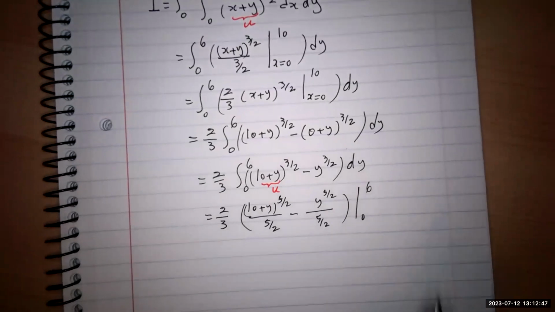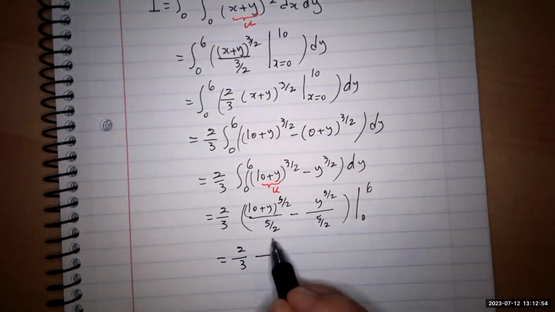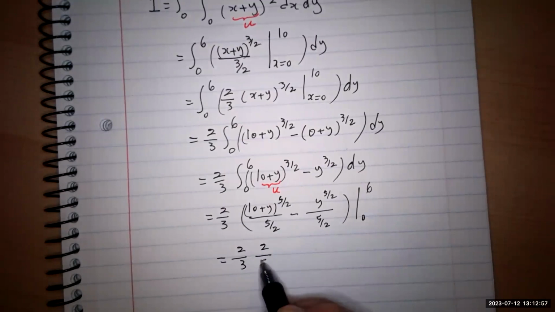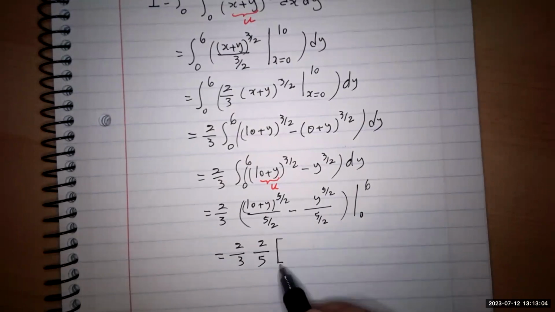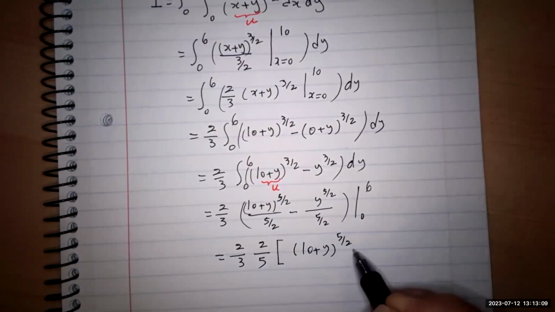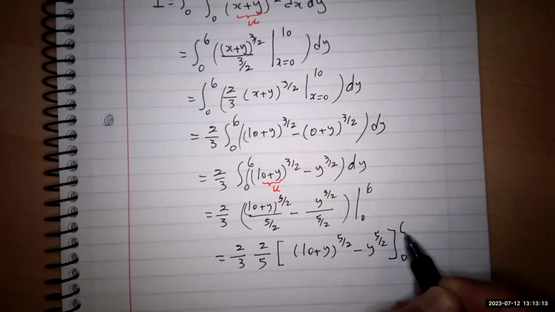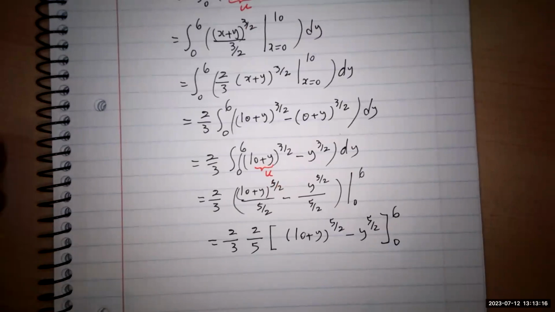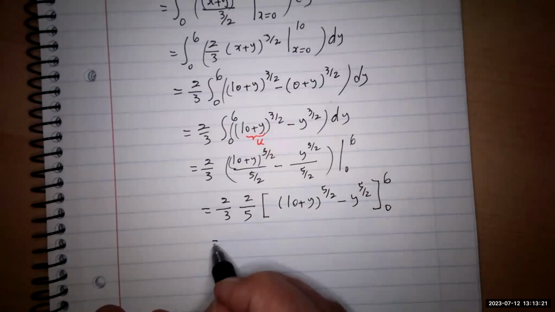Again, you are not going to get anything nice. Use the reciprocal of these numbers. The 2/3 stays, and the reciprocal of 5/2 is 2/5. You can pull it out and multiply. So the inside is 10 plus y to the 5/2 minus y to the 5/2, evaluated from 0 to 6. So that gives you 4 over 15 outside.